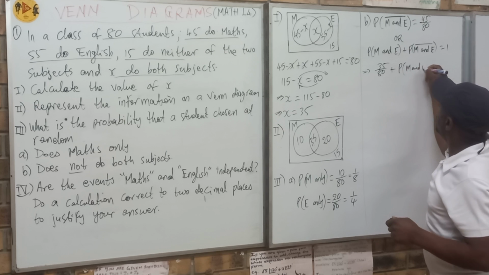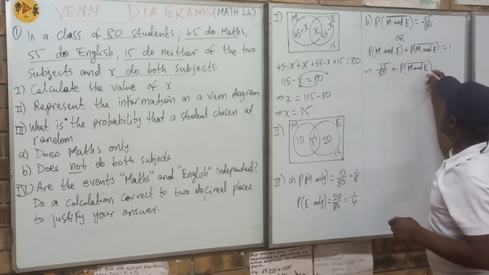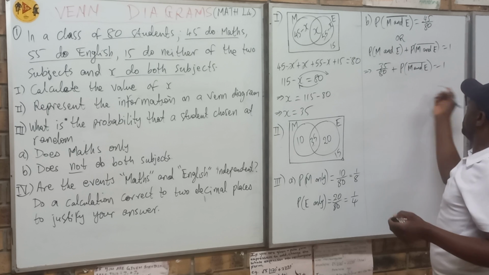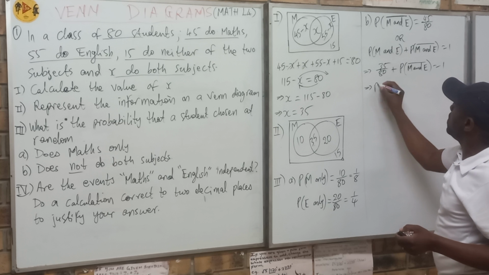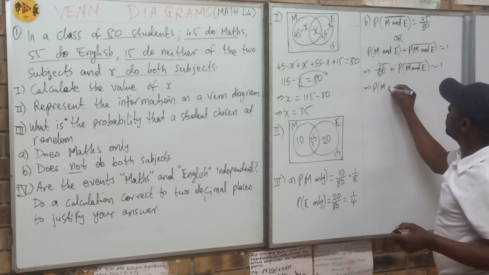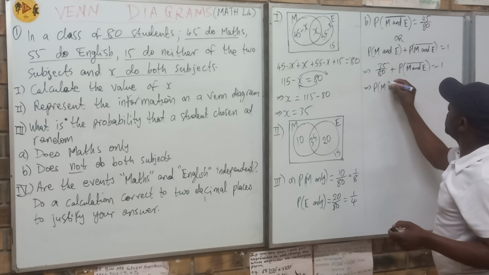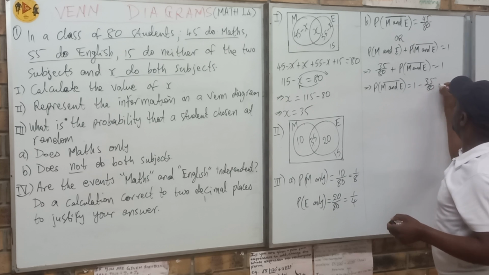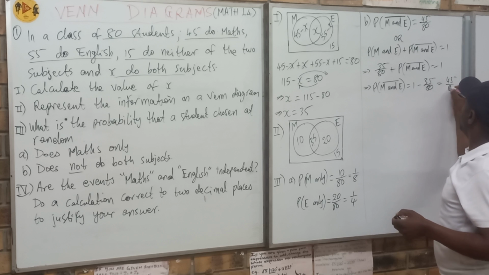You can also choose to use the word both instead of writing math and English like that. You go to 1, then from there, if you take that side, you see that the probability of those who do not offer both math and English is 1 minus 35 over 80, which will still give us 45 over 80.